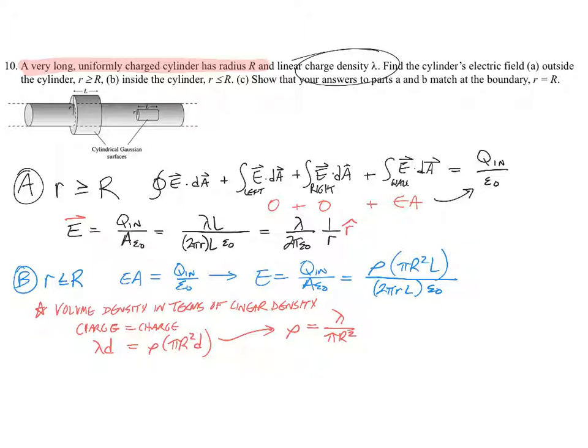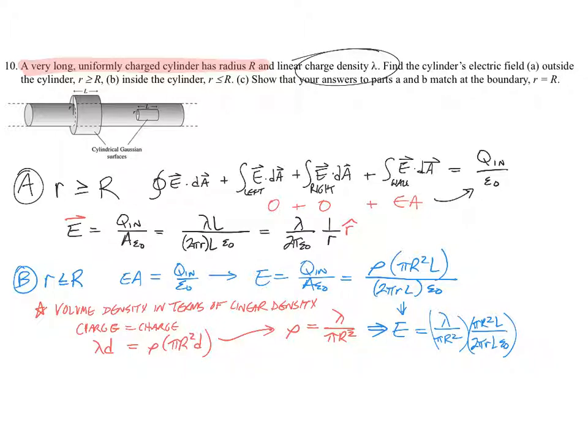Well, this gets us to our volume charge density in terms of lambda, which would just be lambda per pi R squared. What that lets us do is take our E from above here and pop things down into here. Now that means I can put that rho, lambda per pi R squared, and then I can take what I had above, pi r squared L per 2 pi little r L epsilon naught.